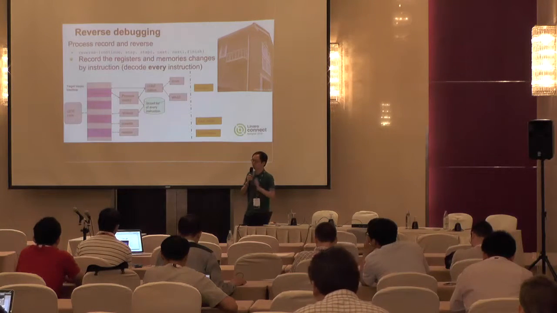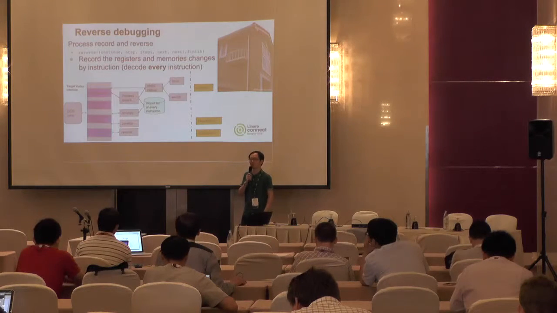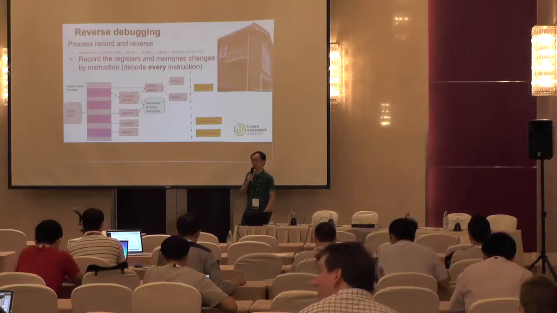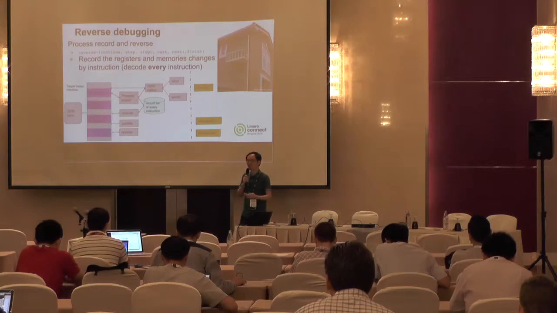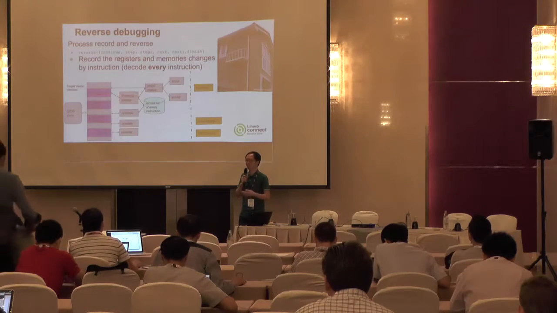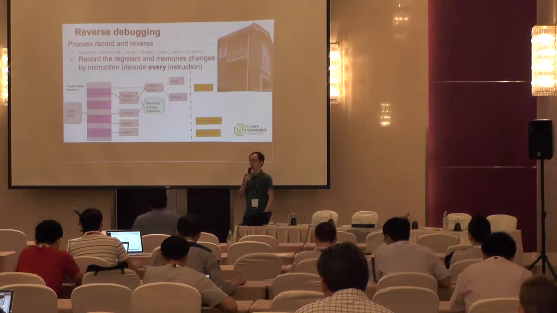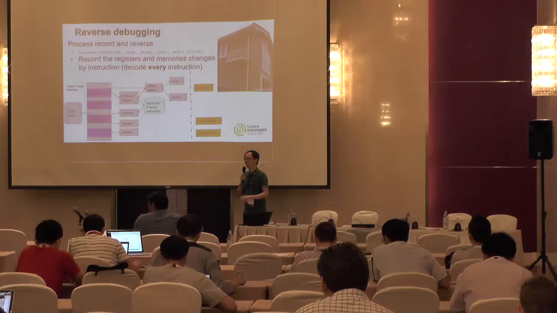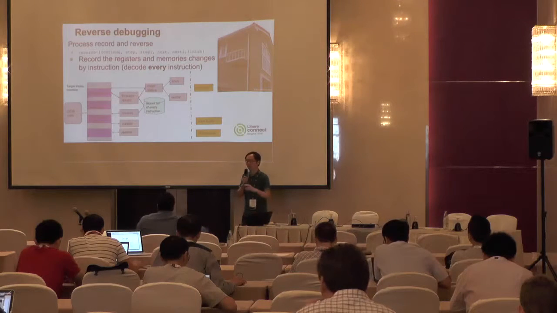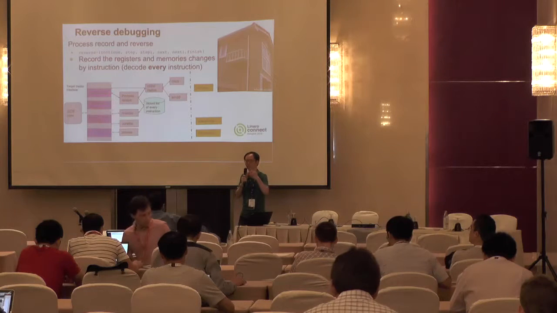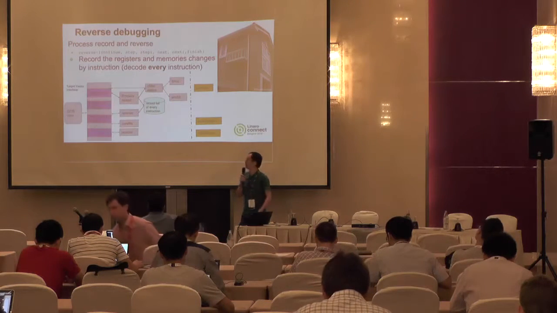Reverse debugging means you start recording, in which GDB records the processor and memory state after the execution of each instruction, one by one. When you want to reverse execute the program, GDB checks the log it recorded and reverses the program state so that the program can be executed in the reversed order.